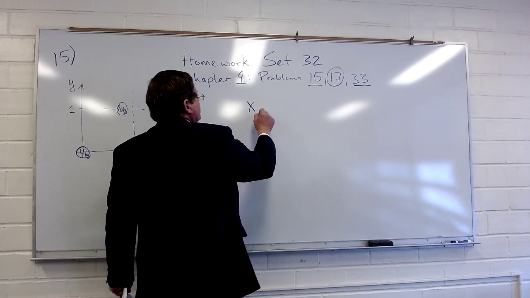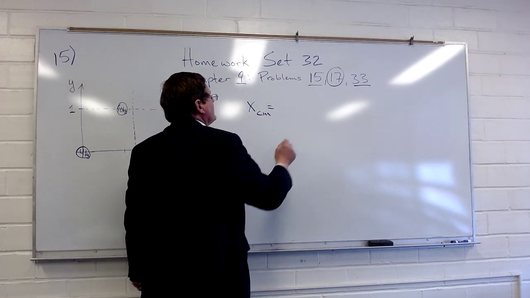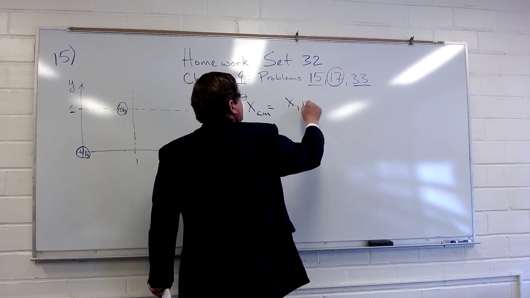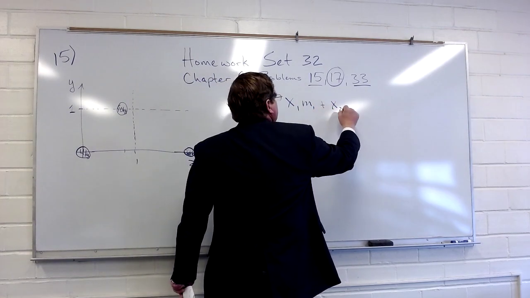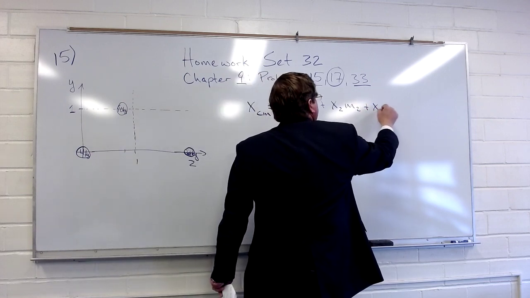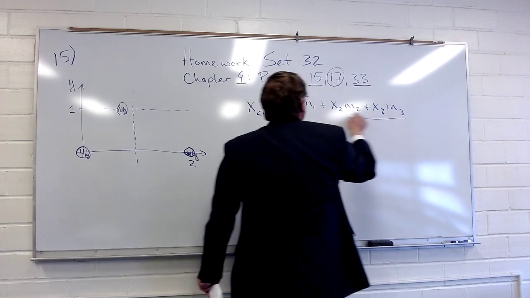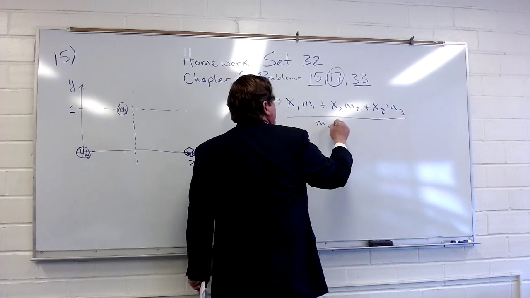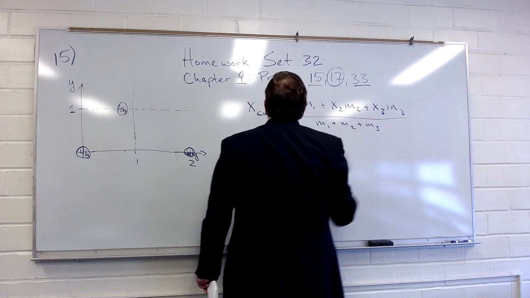The x position of the center of mass is just going to be the position of the first object weighted by its mass, plus the position of the second object weighted by its mass, plus the position of the third object weighted by its mass.